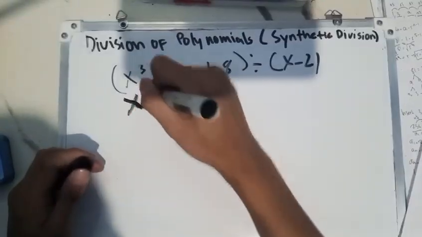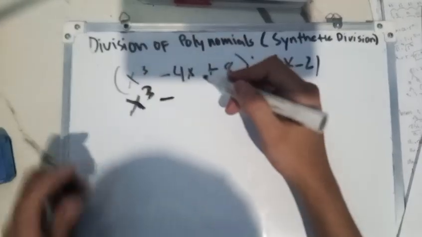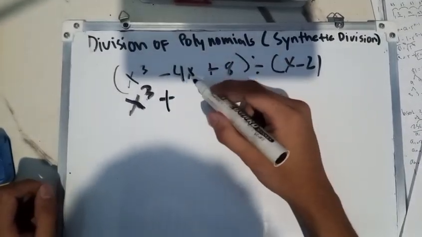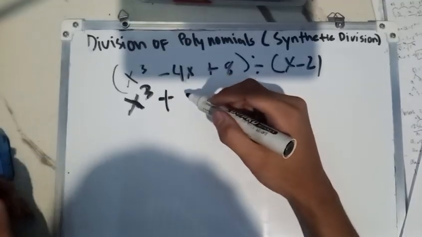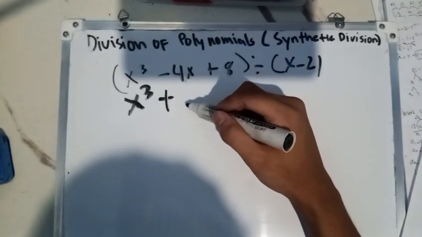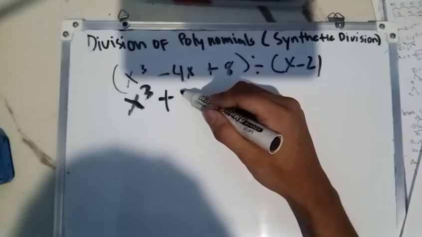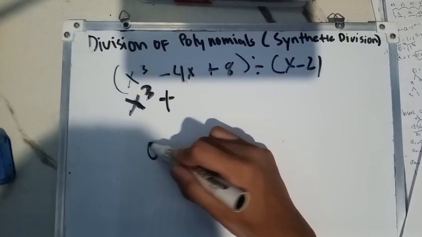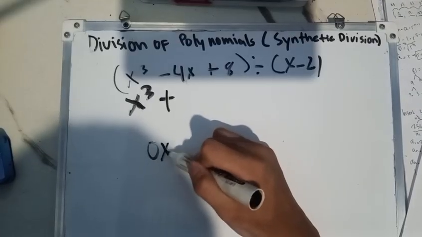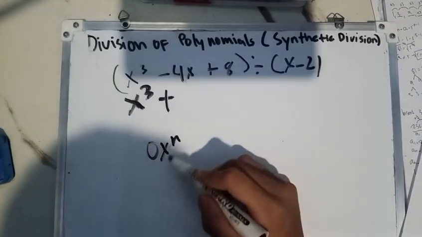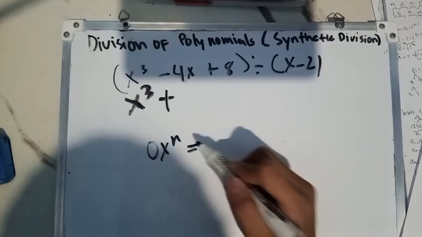Since there is a missing term, a missing term can be rewritten as 0 times x raised to n, because 0 times x raised to n is equal to 0.